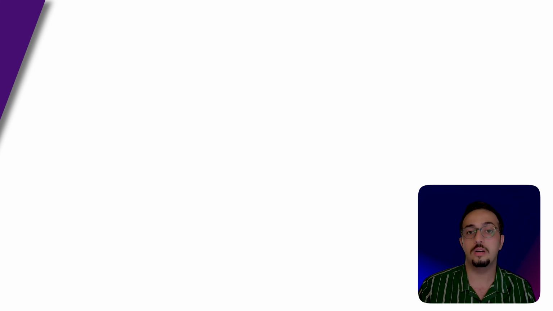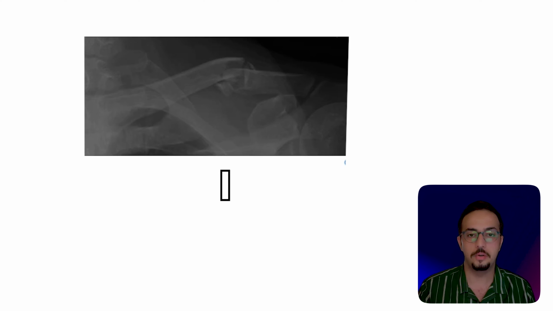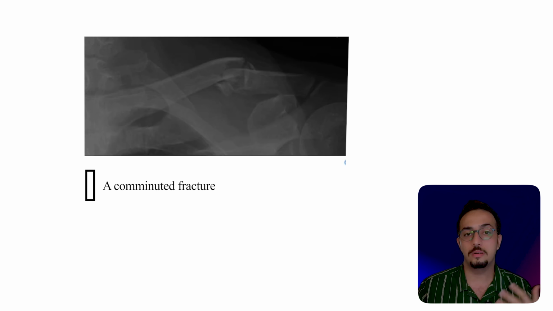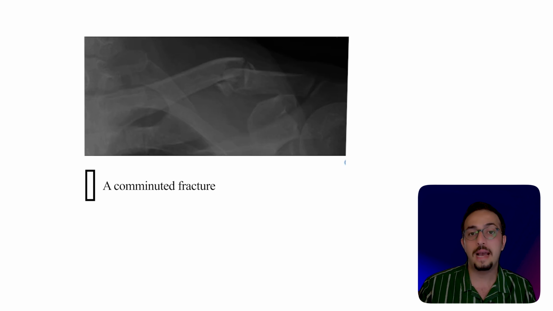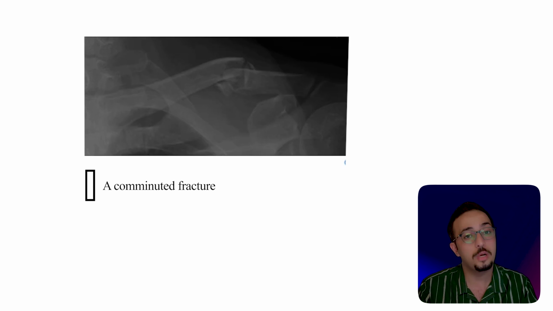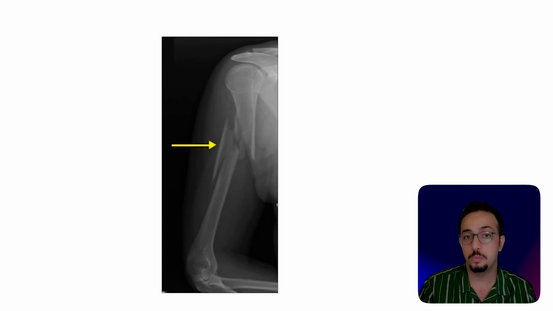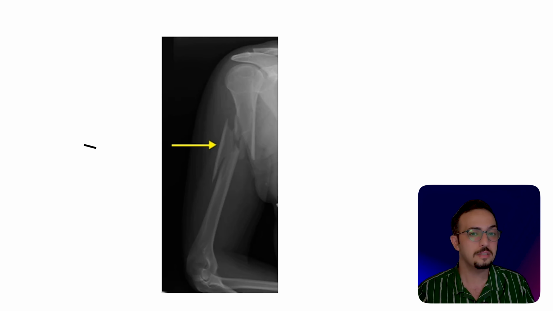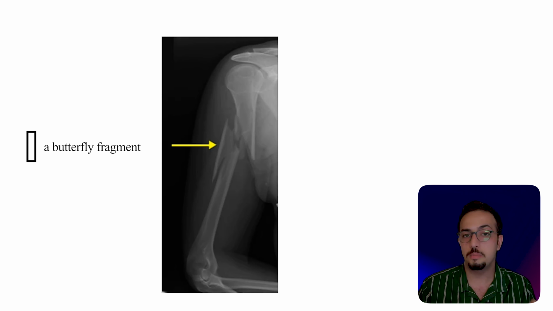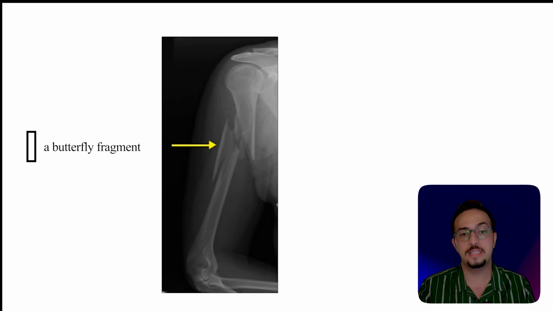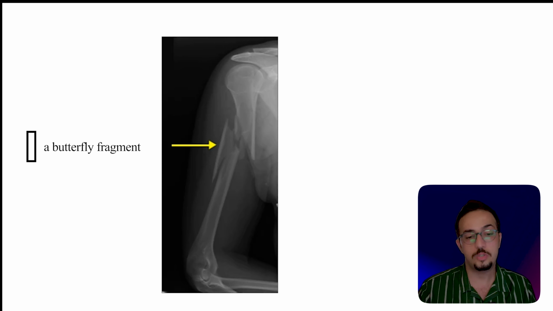These ones are a bit messier, with two or more fracture lines and three or more pieces. How bad it gets usually depends on how much force caused it. And with long bones, you might even see what's called a butterfly fragment, which is a small piece of bone that's hanging out on its own, as you can see here in this humerus X-ray.